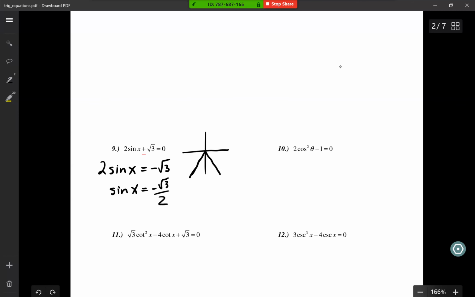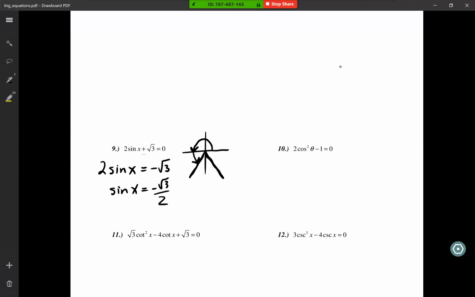If I'm in quadrant 3 and quadrant 4, what pi over 3 angles are down here? If I go all the way around to here, what's that? That's 180, or in radians, that's pi, right? And I have to add another pi over 3. So how far did we go?